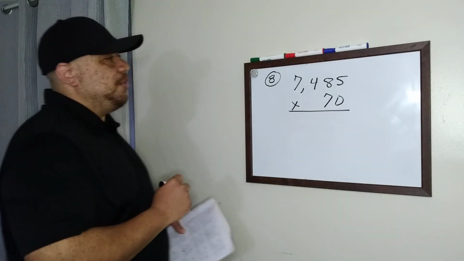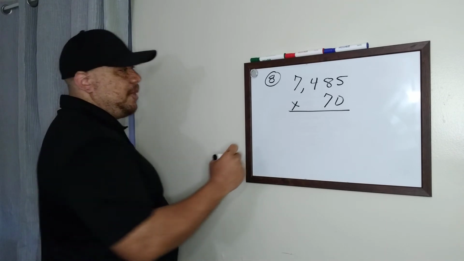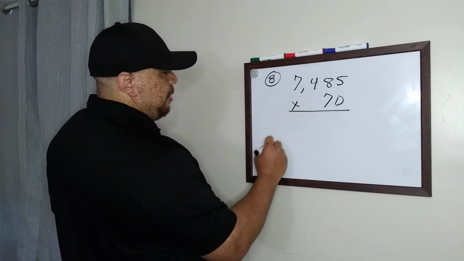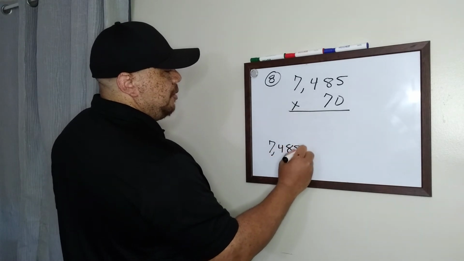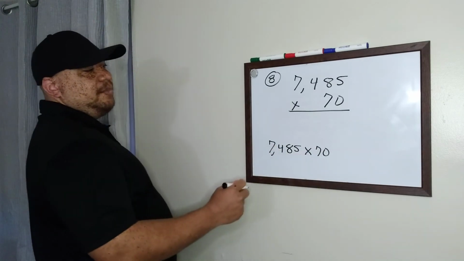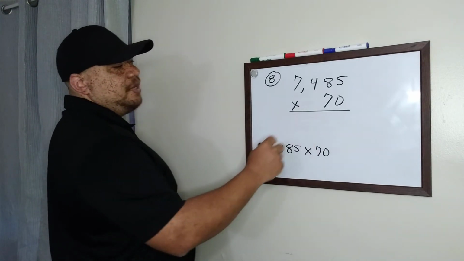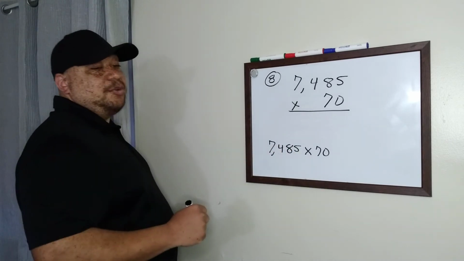Remember, some people, you might see this in numeral form like this. By the way, I'll just do a little sidebar. Times 70. That's the same. And again, they could be flipped. You can say that, or you can say 70 times 7,485.